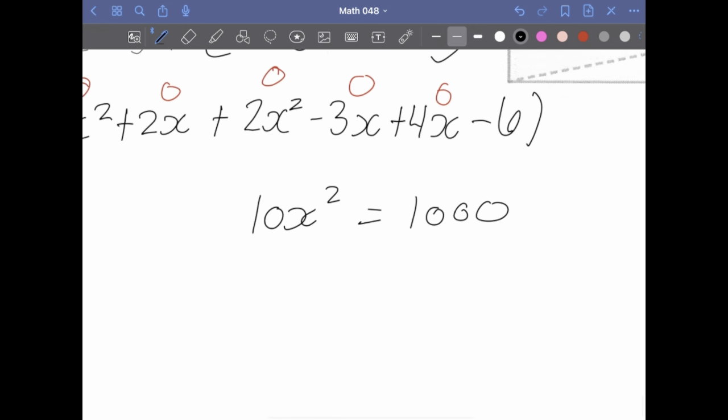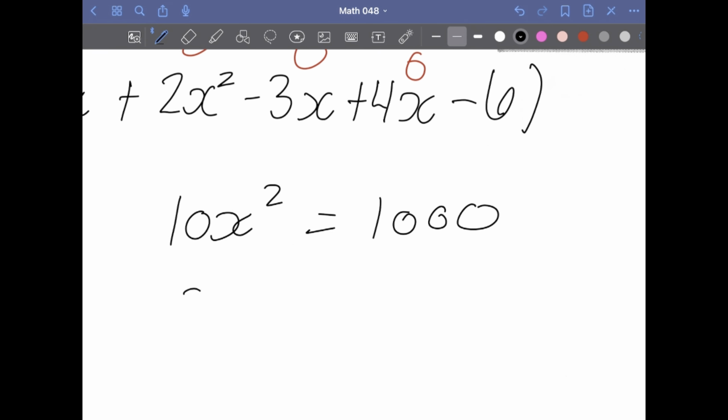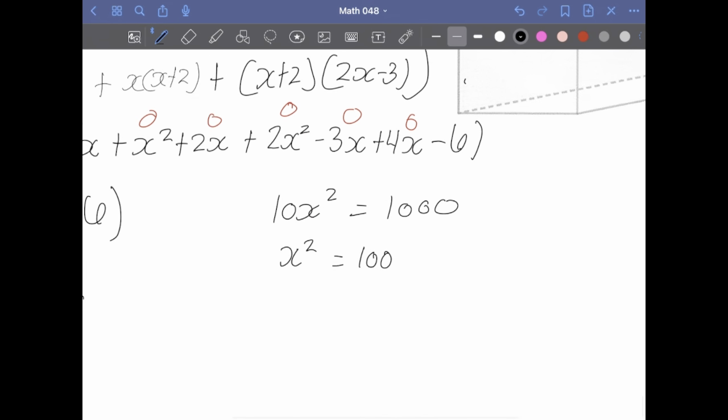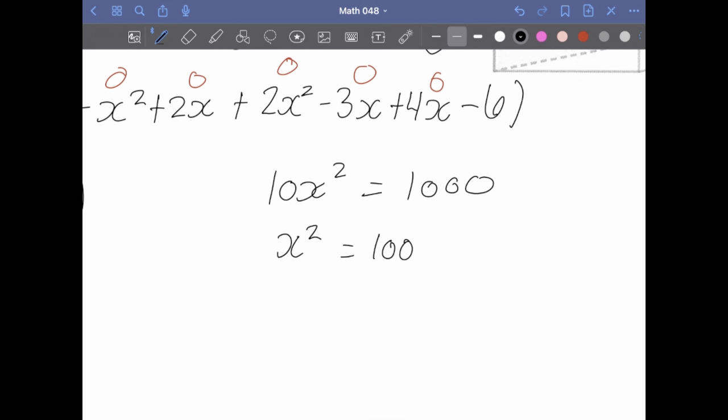Now I'm just going to divide both sides by 10. So x squared is equal to 1,000 divided by 10, which is 100. I'm going to take the square root of both sides. I'm left with x is equal to positive or minus 10.